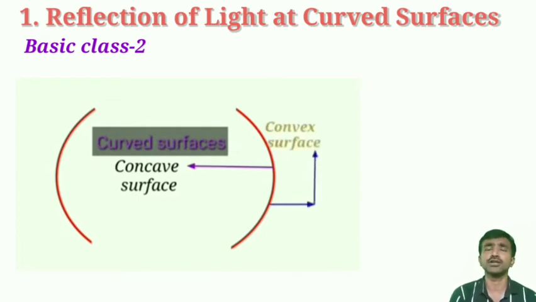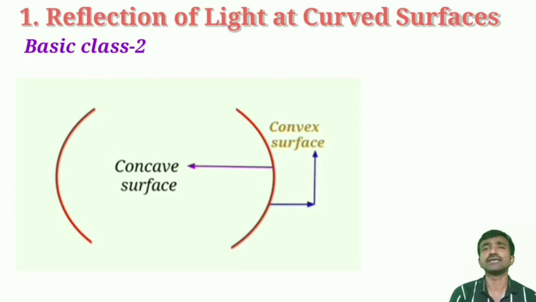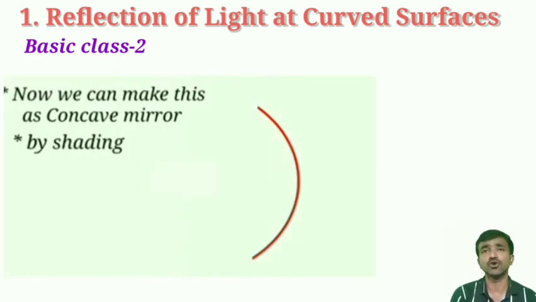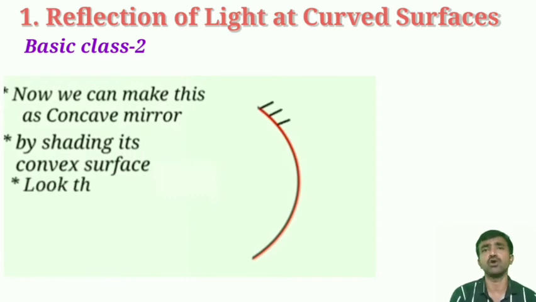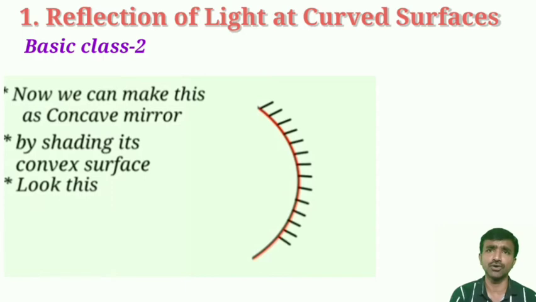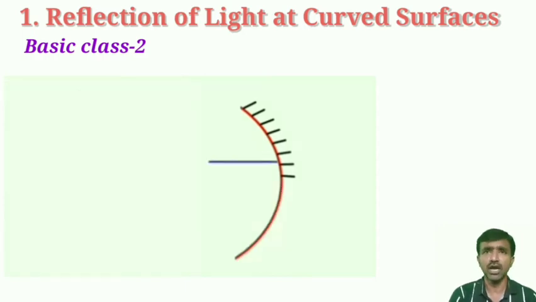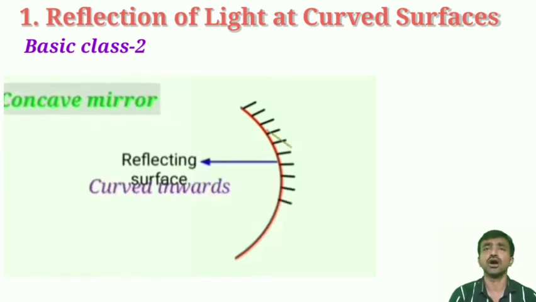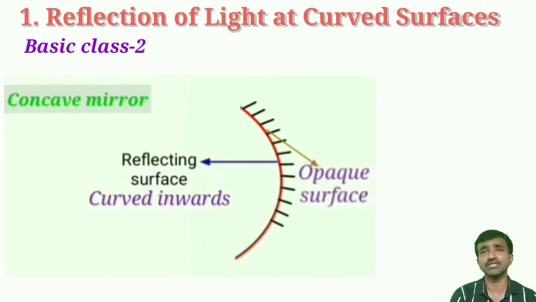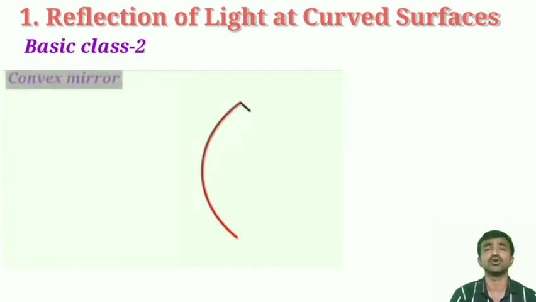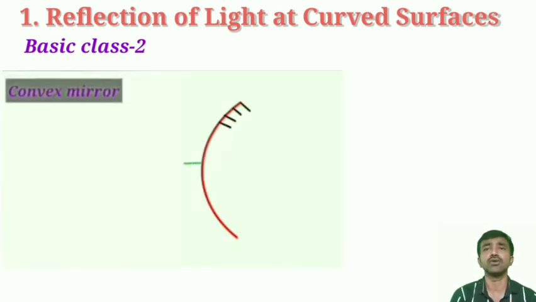So what about a concave mirror? Here the reflecting surface of the mirror is curved inward, and its opaque surface is bulged outward. These types of mirrors are called concave mirrors. Then what about a convex mirror? The convex mirror's reflecting surface is bulged out and its opaque surface is curved inwards.